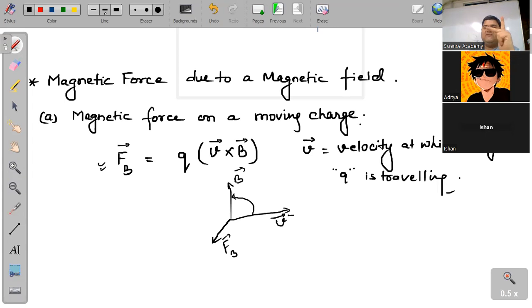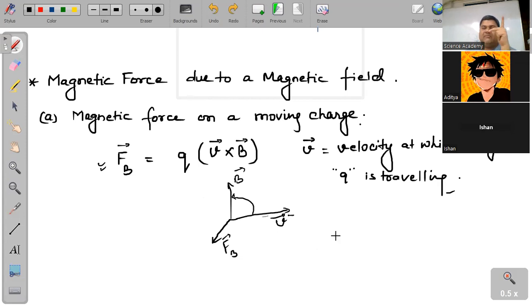Here, B vector is the magnetic field vector, this is the direction of current or velocity of charge, and this is the direction in which the force will be experienced by the charge. If a current carrying wire lies in this direction, the force on it will be in this direction. If the charge is moving in this direction, the force will be in this direction. Making sense? Yes, sir.